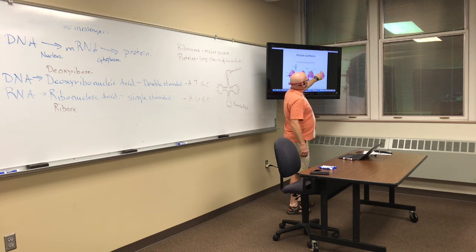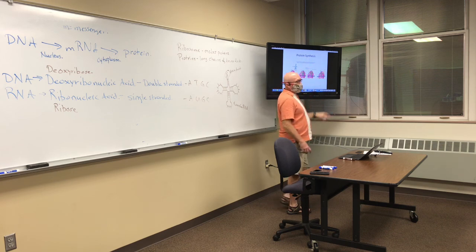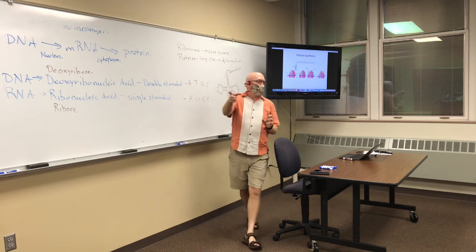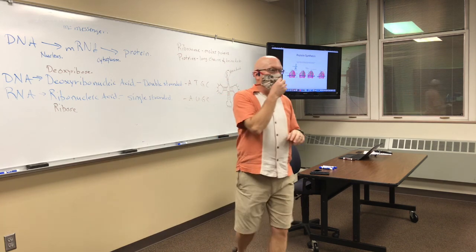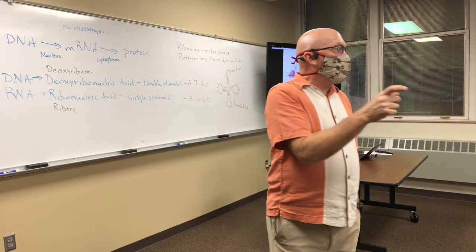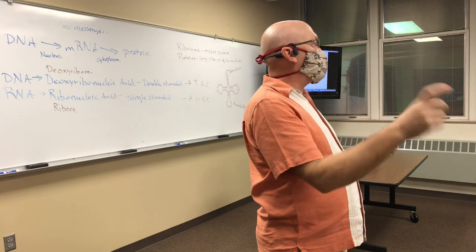When that happens, the bond between leucine and this transfer RNA will break. This will be kicked out. It'll go off and find another leucine, and then this one will move into the first position. It just does this over and over and over again until you get to a sequence in the messenger RNA that basically tells the cell to stop making protein.